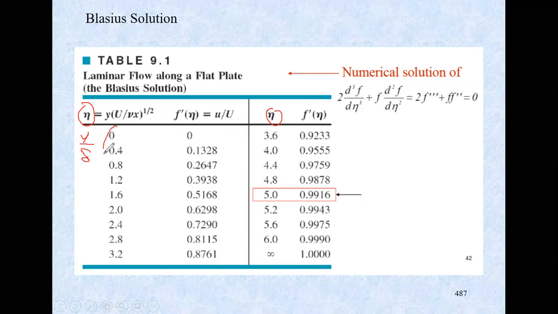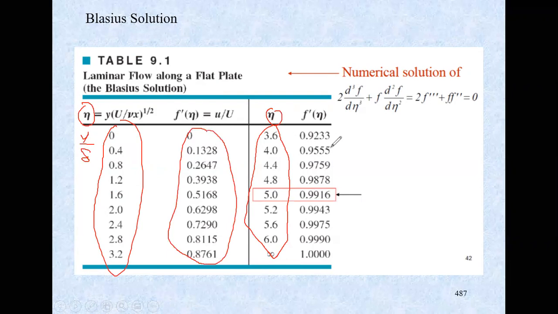So you're going to have a list of eta, y over delta, and f prime of eta will be in the right column over here.